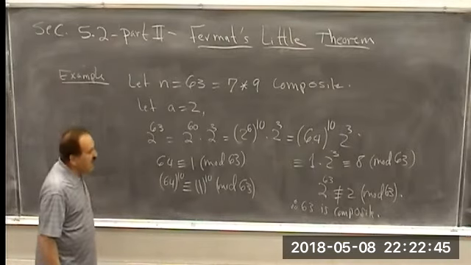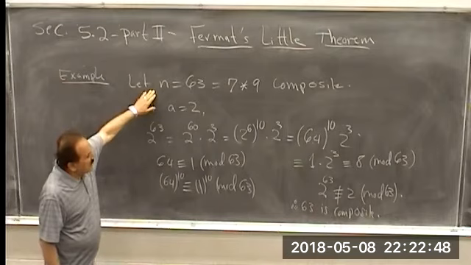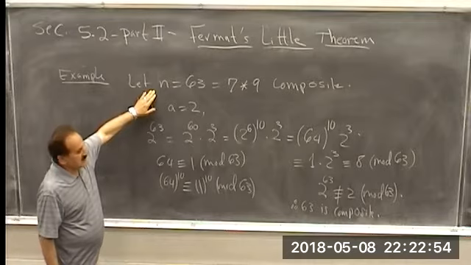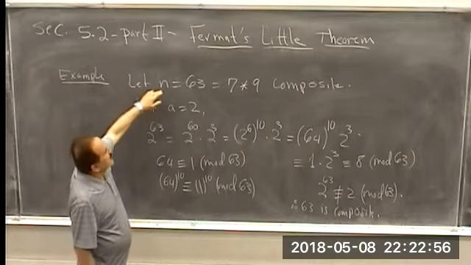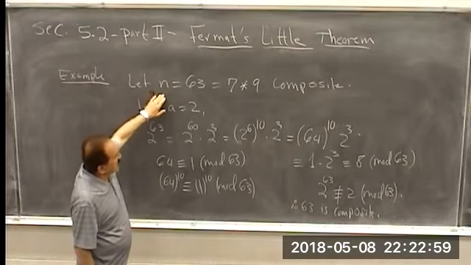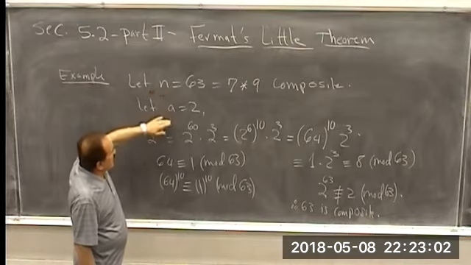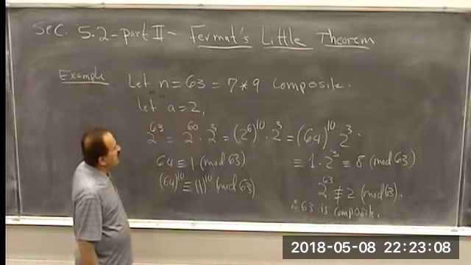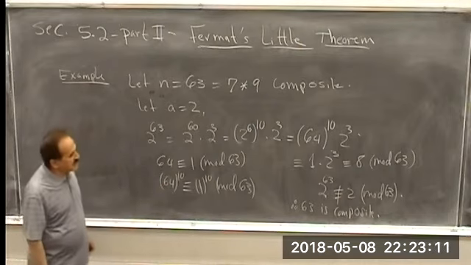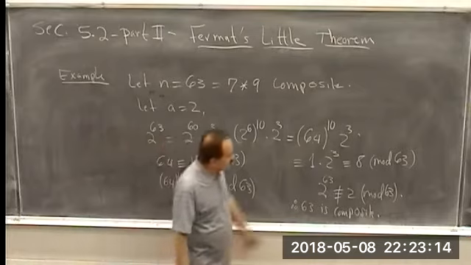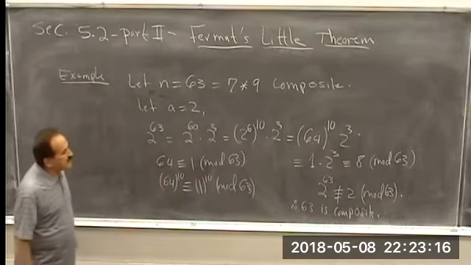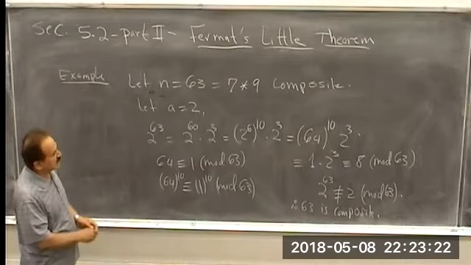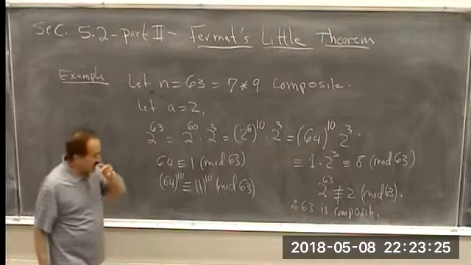It's just to show you that when n is very, very large and you don't know whether it is composite or prime, then if you use Fermat's theorem with a equal to 2, 3, or 5, and you find that one of these congruences is not congruent to the a you're taking, then you have shown that the number is composite without knowing any of its factors. So this is the significance of this.